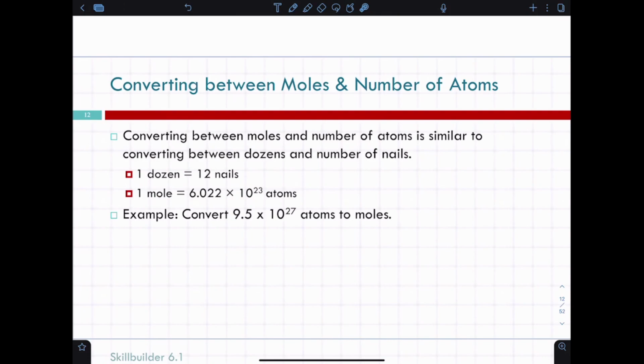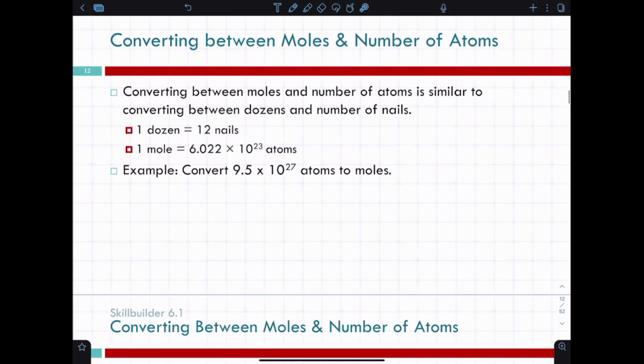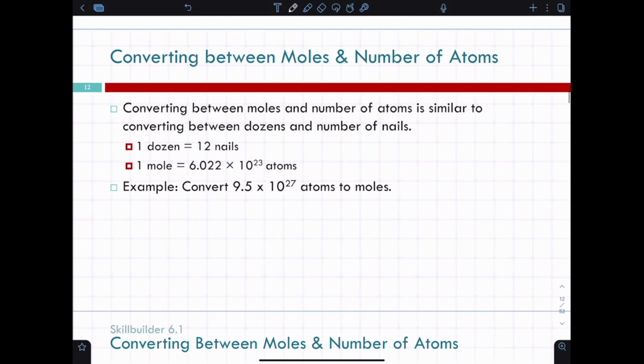So if we want to convert 9.5 times 10 to the 27 atoms into moles, we'll start out with this number, 9.5 times 10 to the 27 atoms. And then we want to convert that into moles. And this equation here, 1 mole equals 6.022 times 10 to the 23 atoms, gives us that relationship.